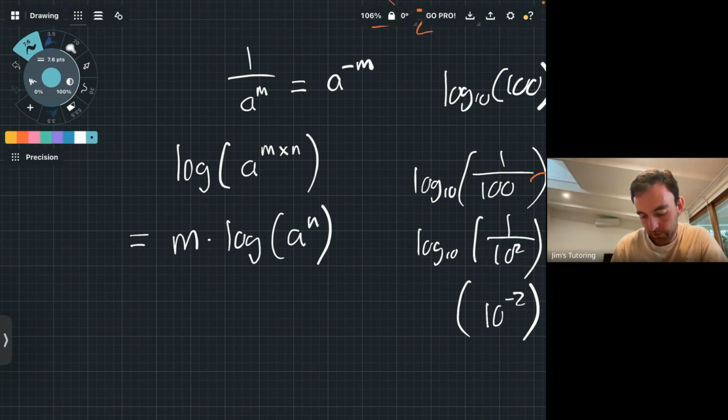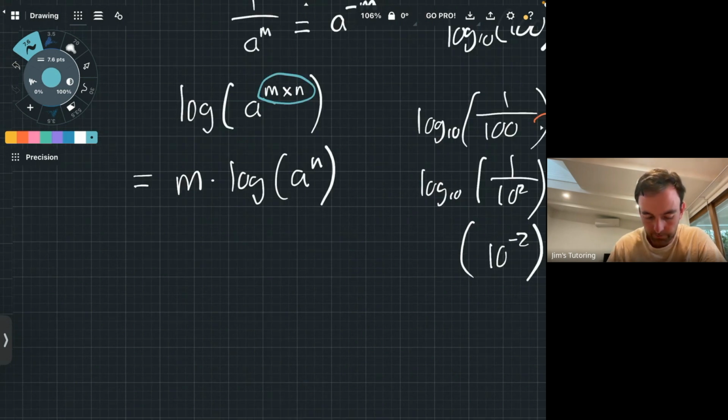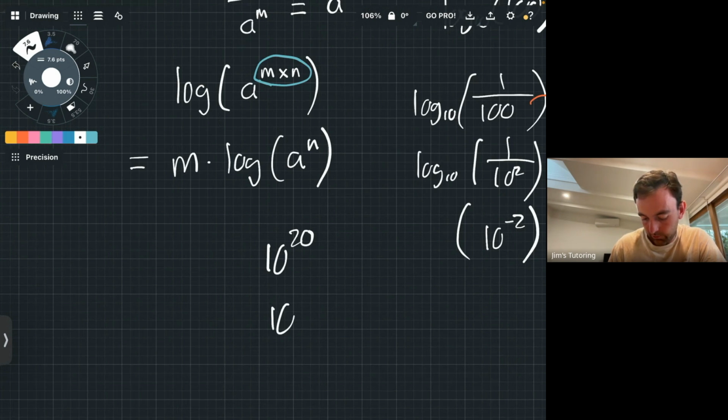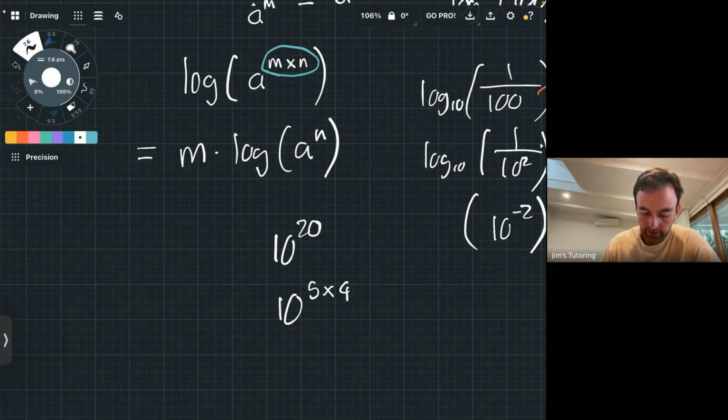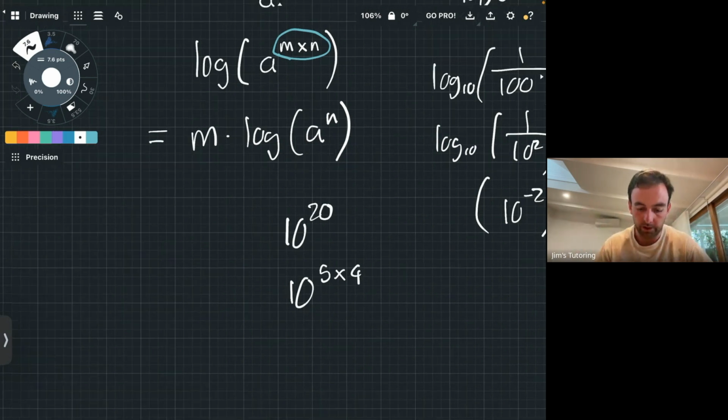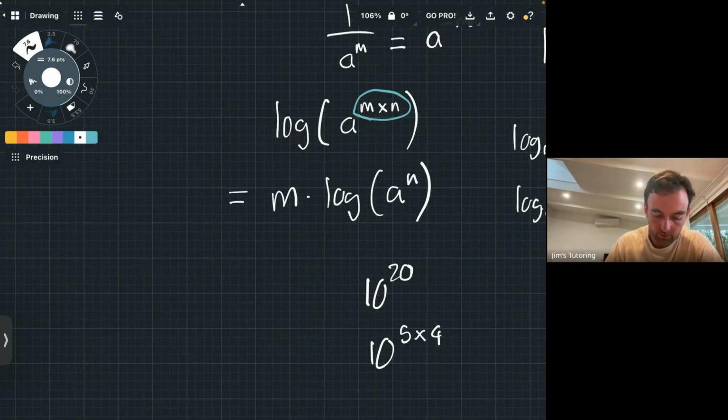What that means is if you can separate, so let's say you had something like 10 to the 20, you can break that into 10 to the power of 5 times 4. And if you can break that into its products, you can take one of those values out the front of the log and not change its value.